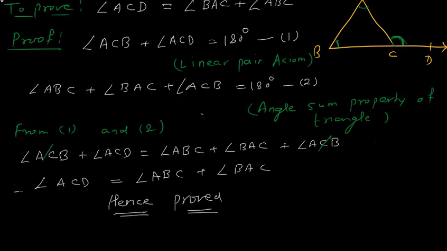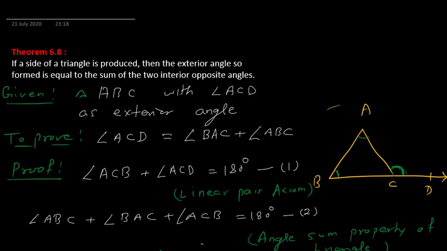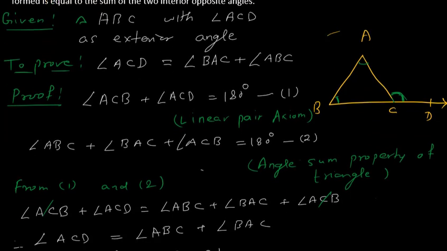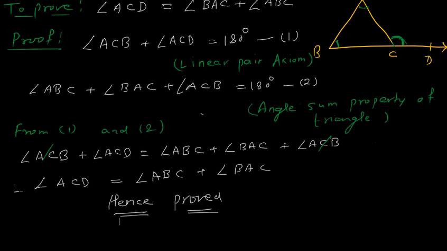As I have solved these proofs and written these axioms, in the same way you should also be able to write all these theorems and axioms by yourself, without looking here and there. I hope you understand each and every theorem and each and every axiom.